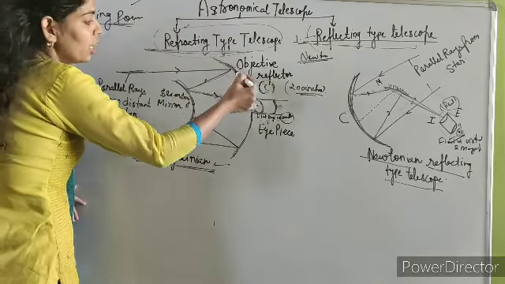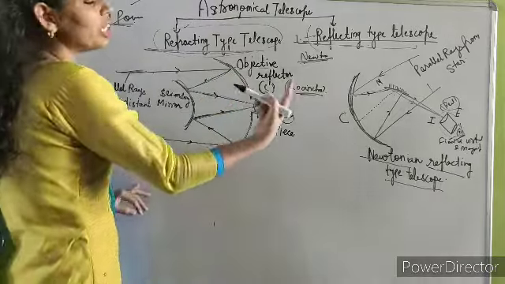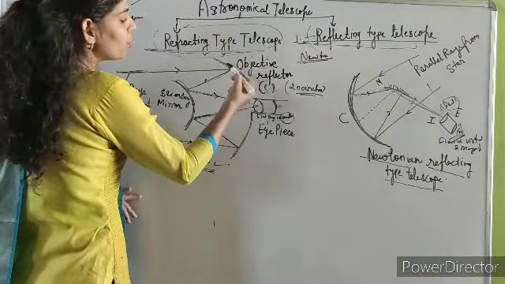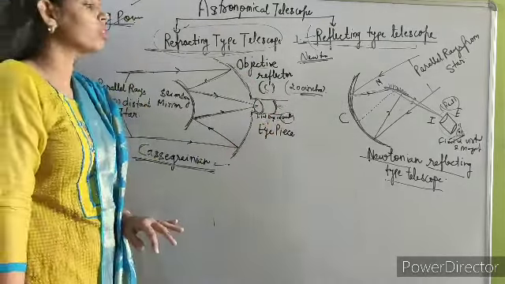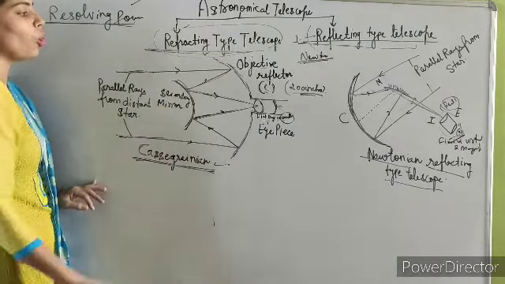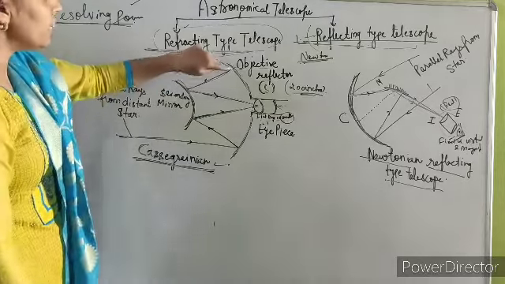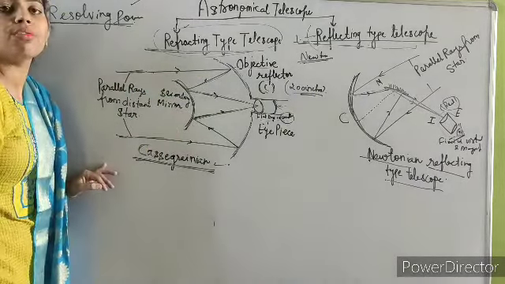Here a concave parabolic reflector is used in place of the objective lens, and the aperture of this concave parabolic reflector is 200 inches. When the light rays coming parallelly from the distant object fall on this concave parabolic reflector, they reflect and tend to converge at the focus.